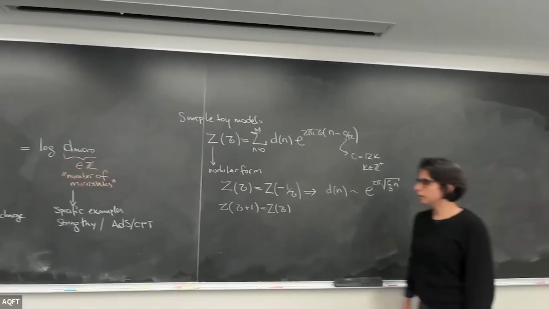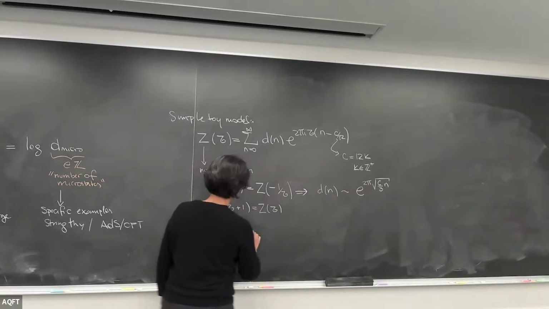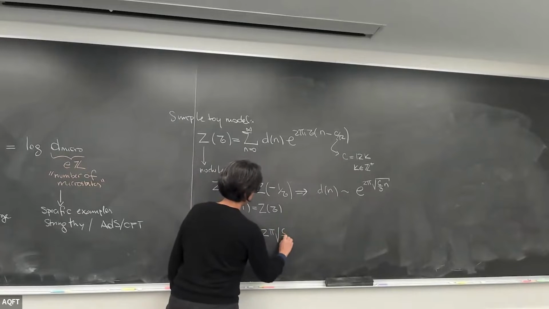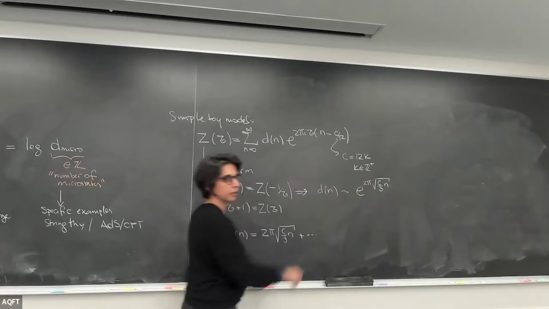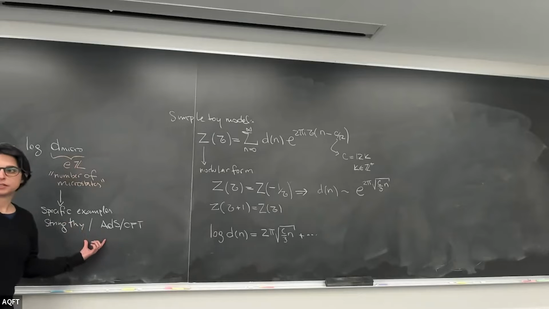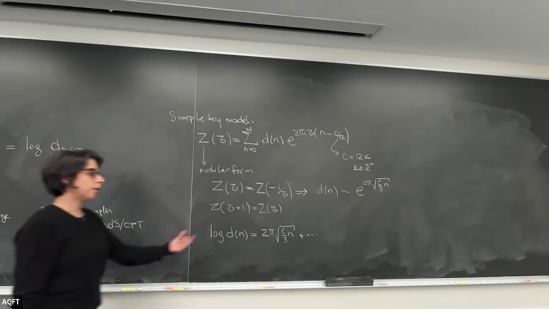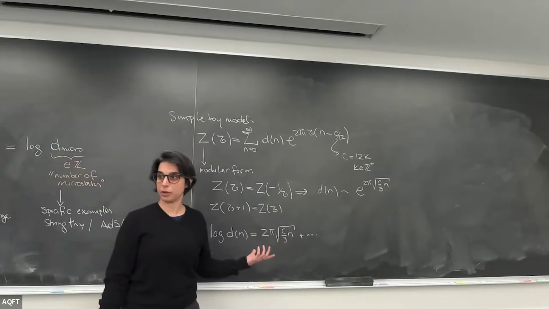Okay, and so then you take the log of this number. And I'm going to get that this is 2 pi square root of c n over 3, plus corrections, of course. This is just the asymptotic behavior of this number for large values. And where string theory or AdS/CFT come in is that they tell you how you can relate these parameters that you have here to gravitational parameters.